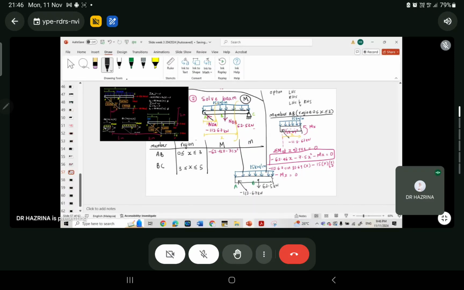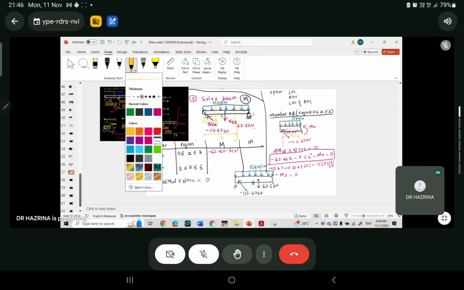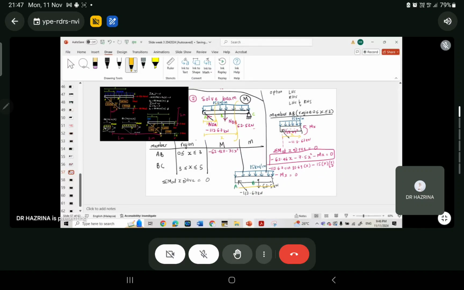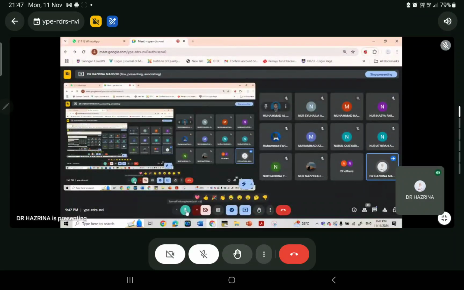So can you calculate for me what is the equation here to find your mx here? So maksudnya you kena kira summation moment at x clockwise positive equals to 0. So your x now is measured daripada sini hinggalah ke sini. Okay, dapatkan equation tu berapa? Semua orang please.